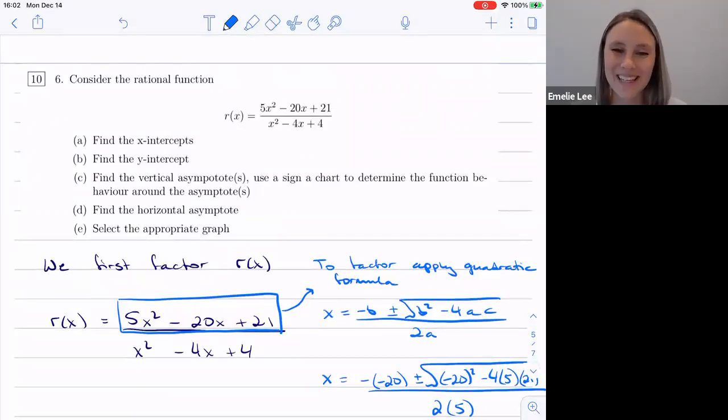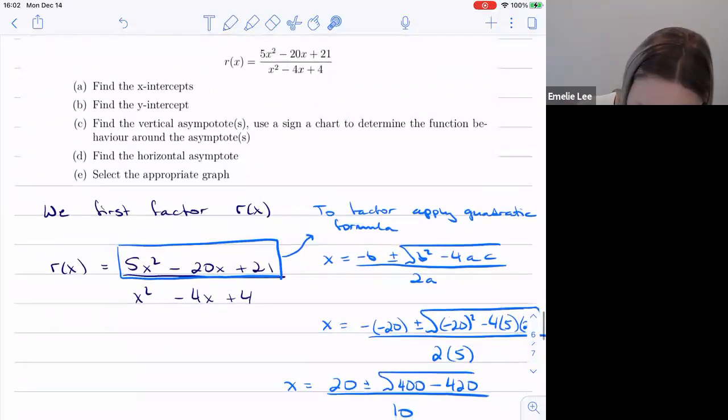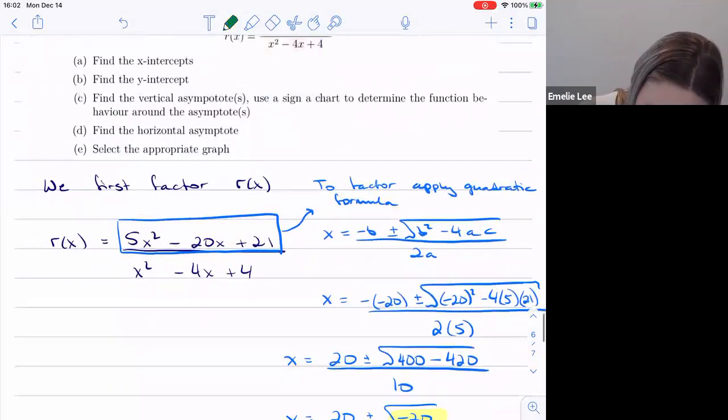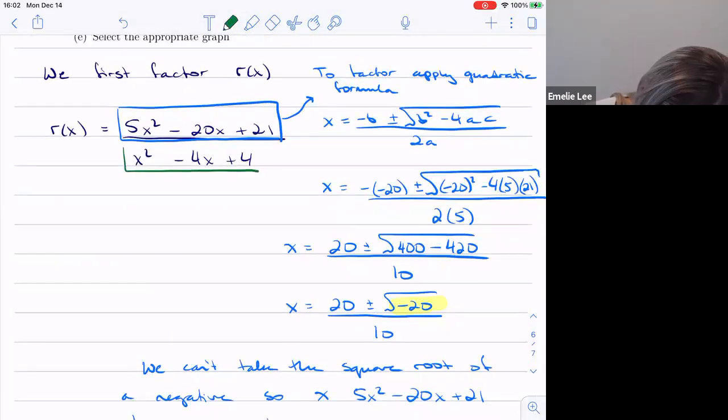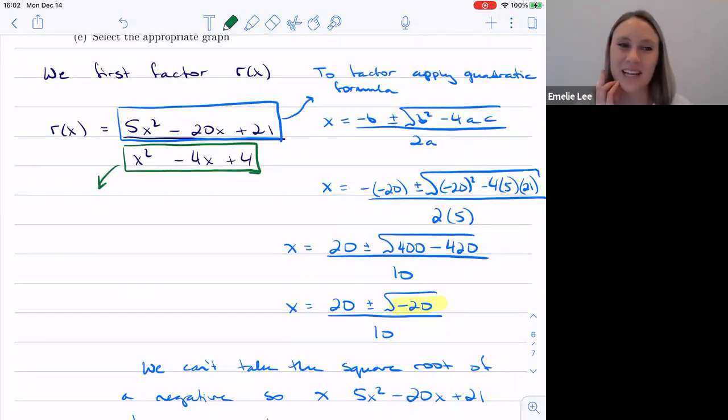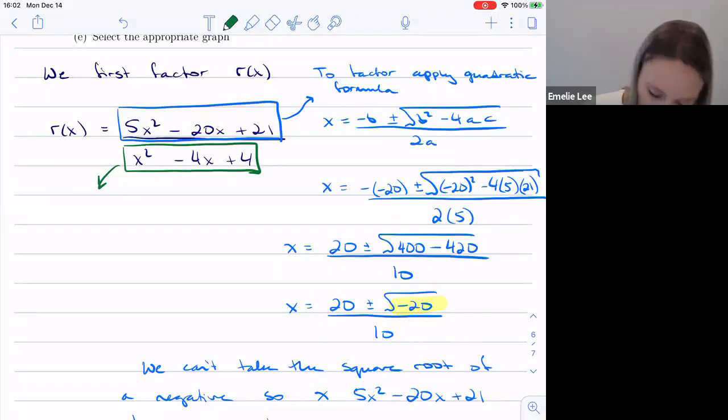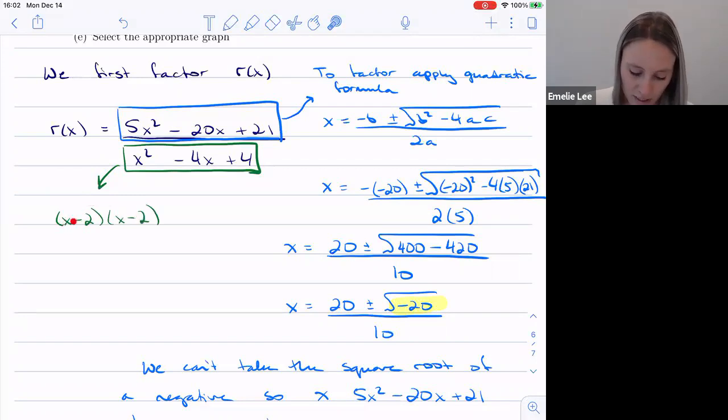Oh, and I guess I should factor this little guy. This one's more reasonable: it has to add to negative 4 and multiply to positive 4. That seems like x minus 2 times x minus 2 to me. I'm just going to check x squared minus 4x plus 4. Yeah.